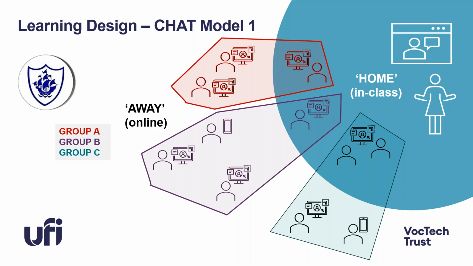And I would argue that this first chat model, and we're going to have a look at another one, but this should be the default position. But that does not mean that group work is the only tool in our toolbox.